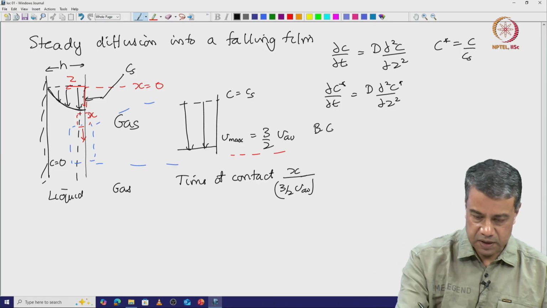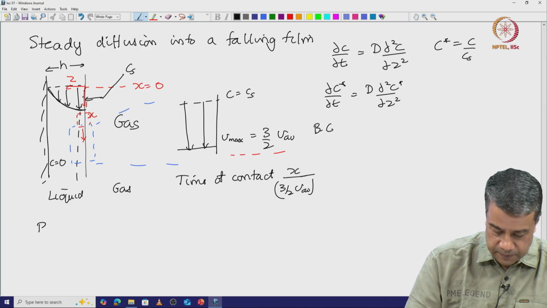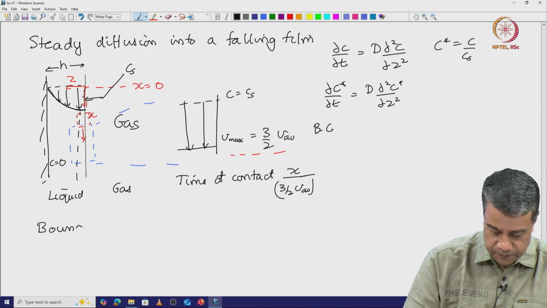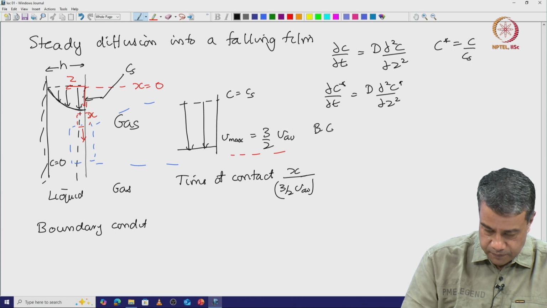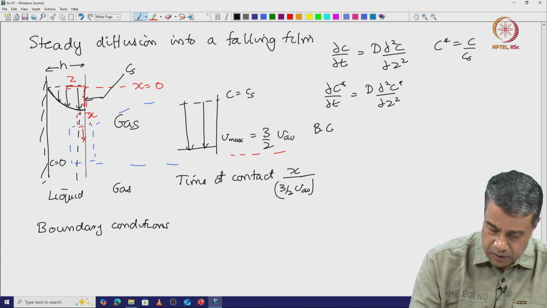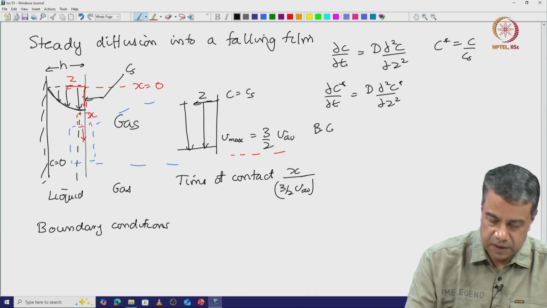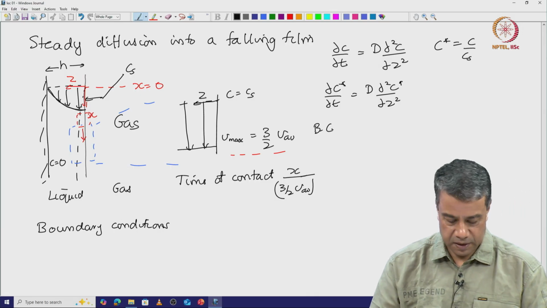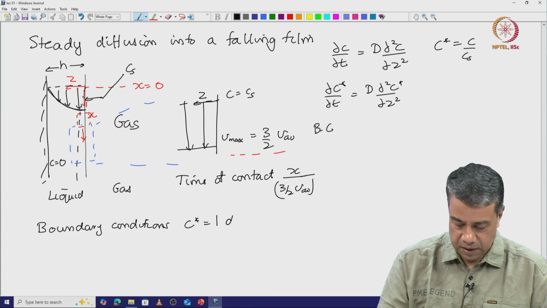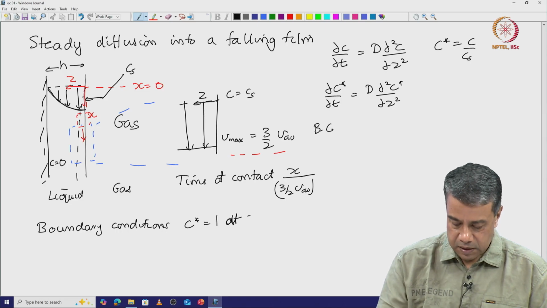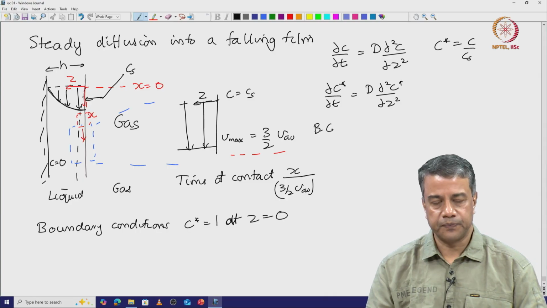In this particular case the boundary conditions are, note that the z direction is into the film, that C star is equal to 1 at z equal to 0.